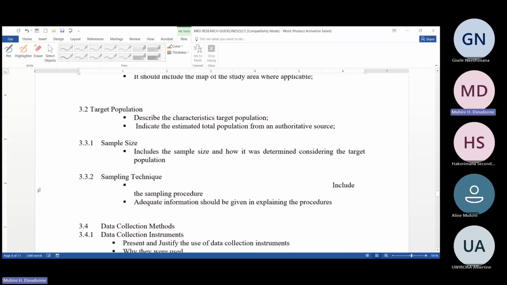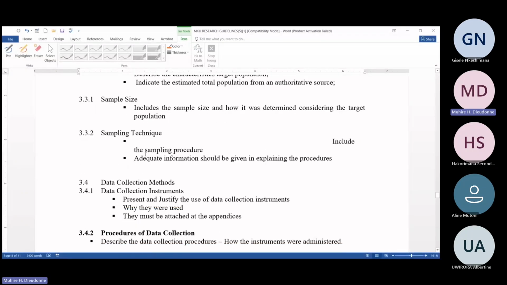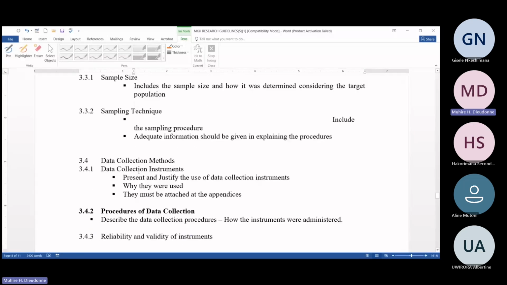We also have sample size. You must make sure that you determine and also calculate the sample size. If needed, we have the sampling technique. You should show which sampling technique is adequate to be used in your research.